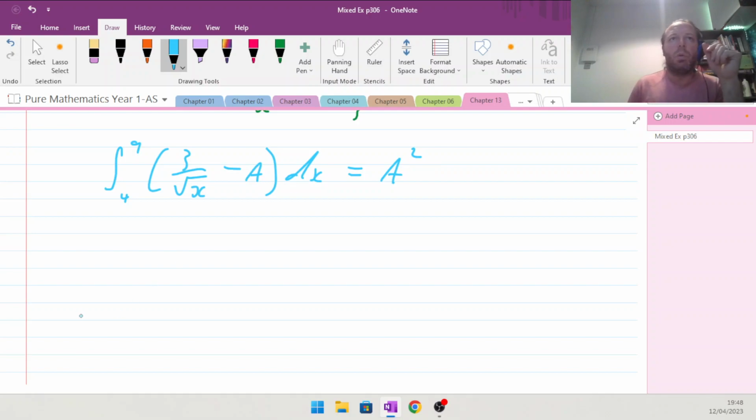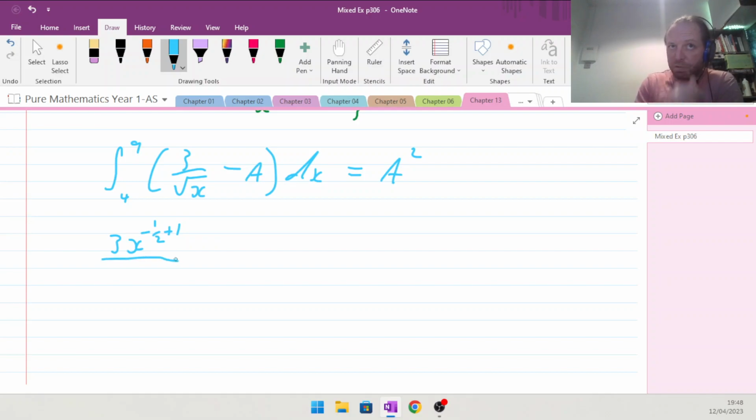Okay, well, I suppose we better do this integral. So the integral of that is going to become x to the power of minus a half. So we have 3x to the power of minus a half plus 1.